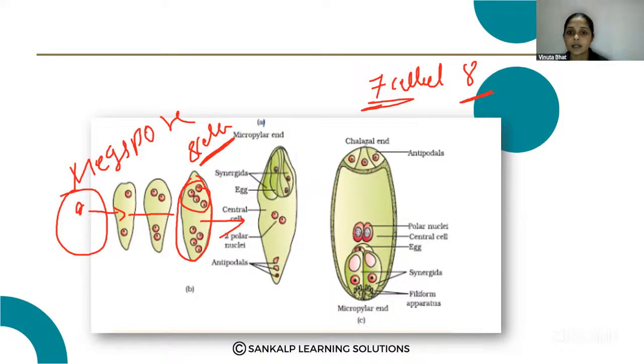7-celled means 3 cells at the chalazal end, out of 8 cells, and here 2 synergid cells and 1 egg cell.